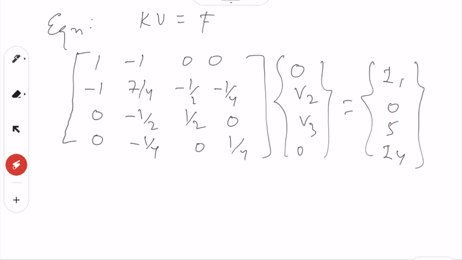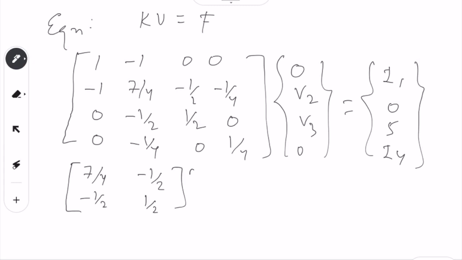So these two equations we can write as 7/4, minus half; minus half, half, multiplied by v2, v3, is equal to 0, 5.